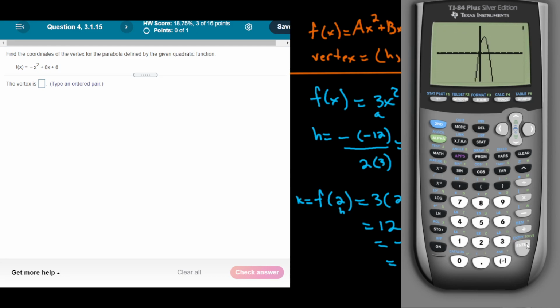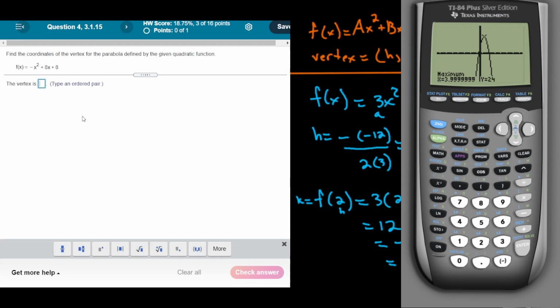Hit enter. And now 3.9999, isn't it safe to call that a 4? So we're going to say this is 4 for your h, which is x, comma 24 for your k, which is y. So I'm going to say this is 4 comma 24. You see it wasn't exactly equal, but don't worry. 3.999 is pretty darn close to 4.